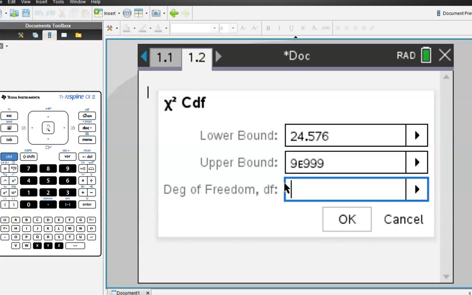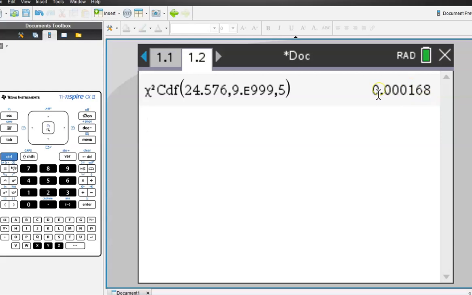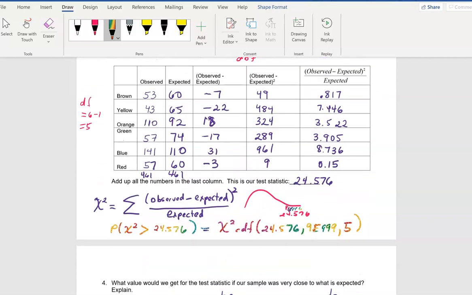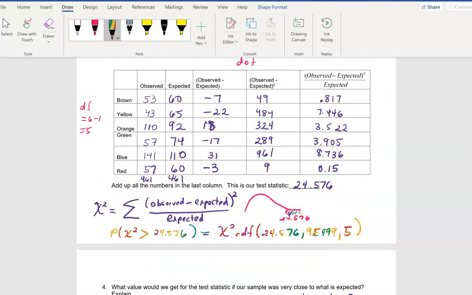And then the degrees of freedom is equal to 5. Hit OK. So there's our p-value. So this is equal to 0.00017. And again, that's our typical p-value.